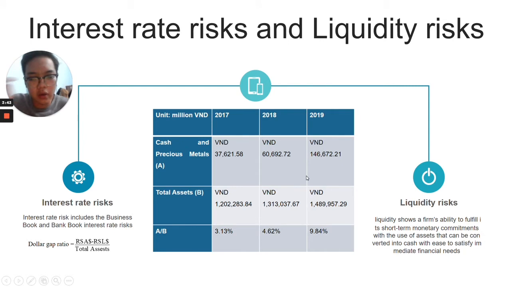It's not a good signal, because the more cash and precious metal they hold over total assets, the more liquidity risk and interest risk they gain.